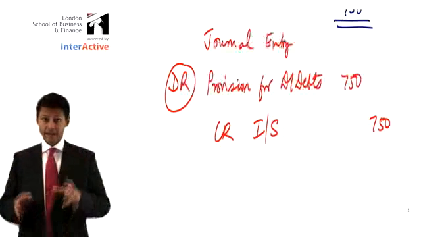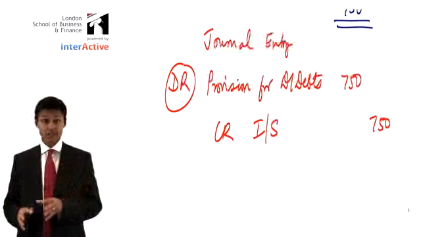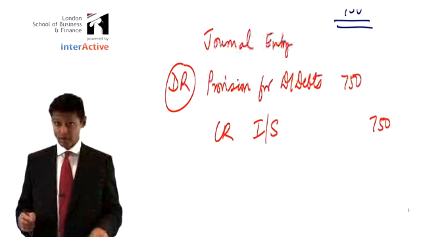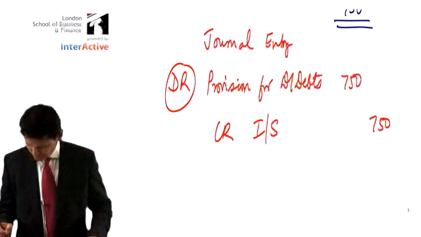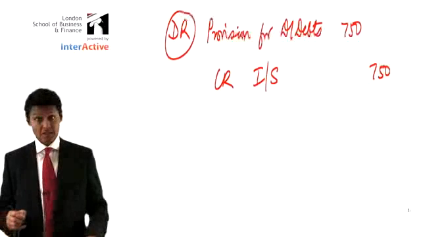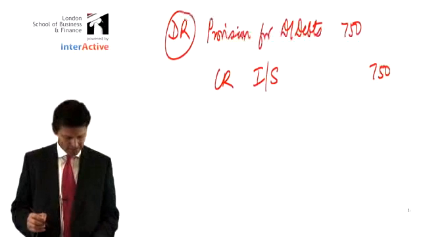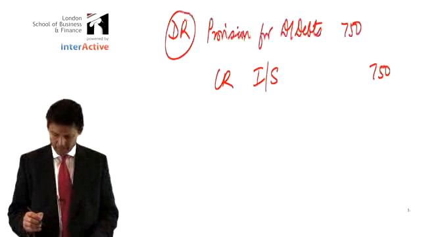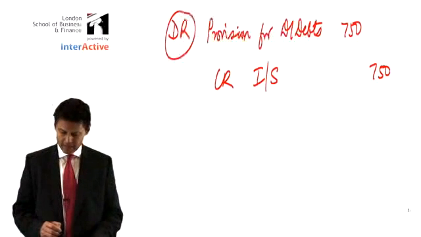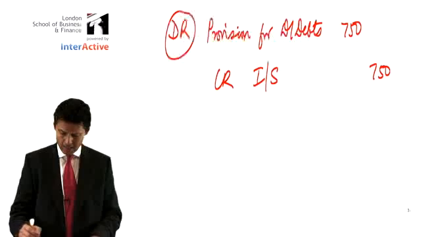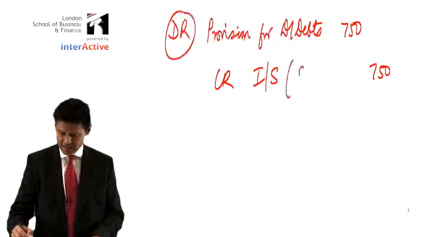So this year enjoys the benefit of it entirely this year. So you mustn't correct the previous year. It must be reflected in this year's results. And to me that seems fair. Okay, the credit goes to income statement. It's like sundry income, I suppose.